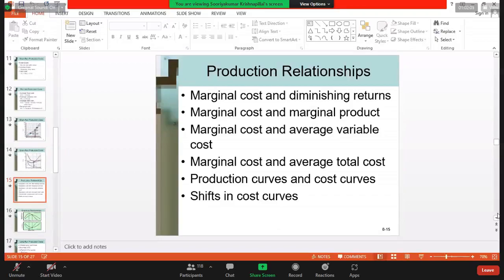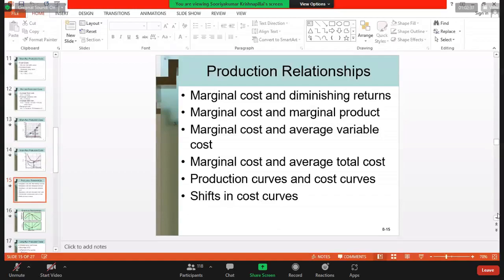Now if the technology changes, earlier old technology, now new technology. With the new technology, with fewer inputs, we can produce more. With fewer labor, we can produce more because of efficient, very fast machinery.